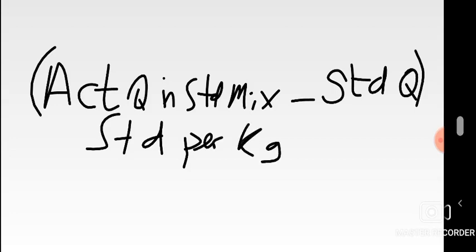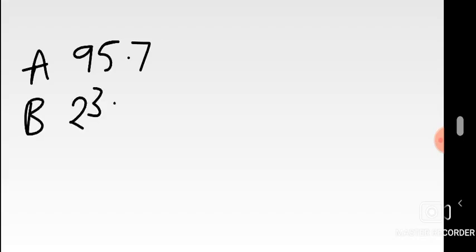So actual quantity in standard mix, we already have these figures at this point, right? We just calculated actual quantity in standard mix for A, it gives us 95.7. The next one, B, it's 239.3. Sorry, I beg your pardon on that one.